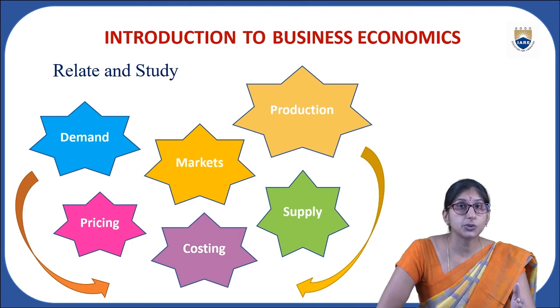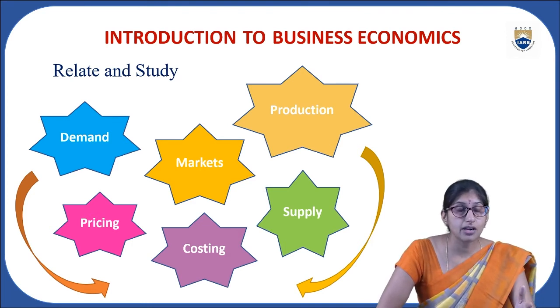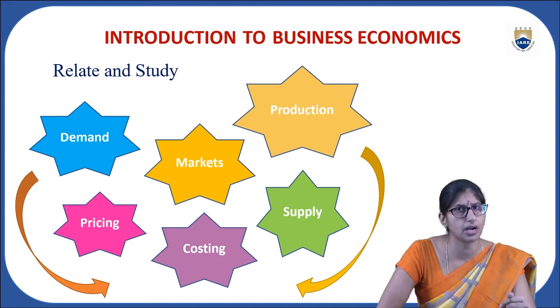Coming to the next step, demand. Whether there is demand in the market for whatever this producer is going to produce. Yes, demand is there. How much demand is there? How can we measure the demand? That matters here, so we need to measure demand. We have different determinants of demand.